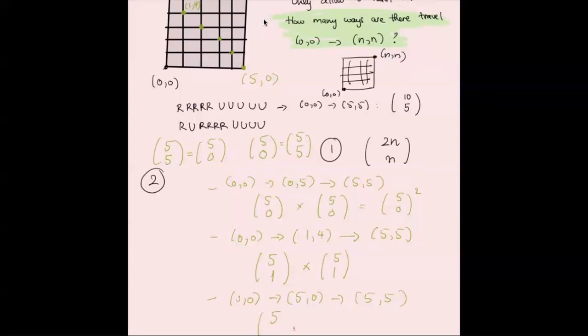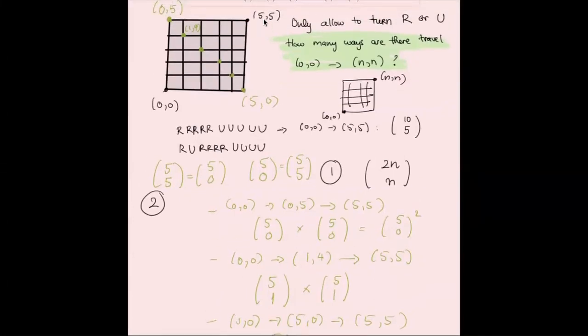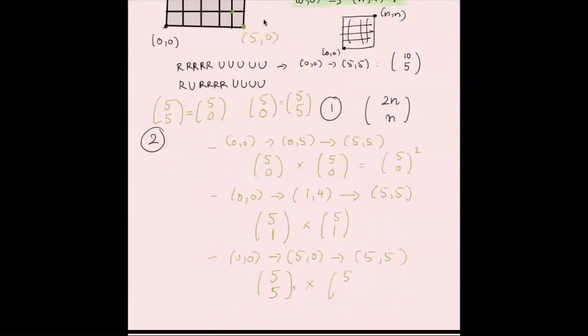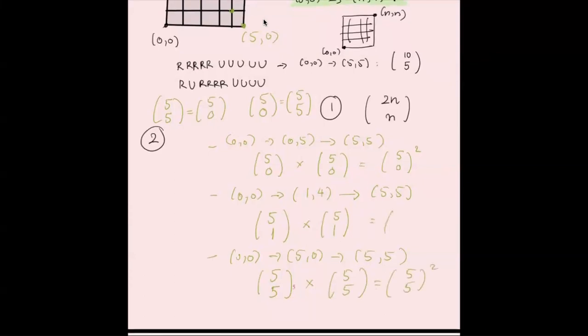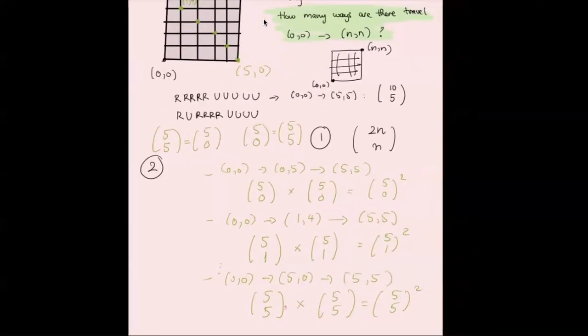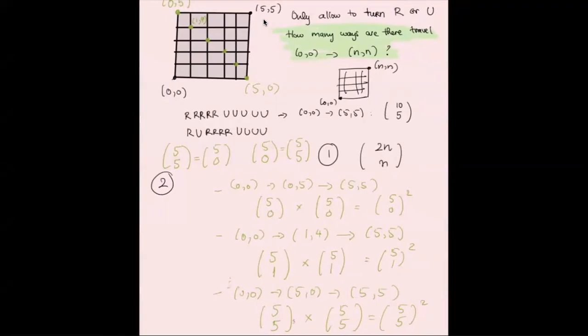Out of the 5 steps, I chose 5 spots for turning right. From 5, 0 to 5, 5, I chose 5 steps for going up. So this will give me 5 choose 5 squared. Okay. And this is the argument for a specific example.